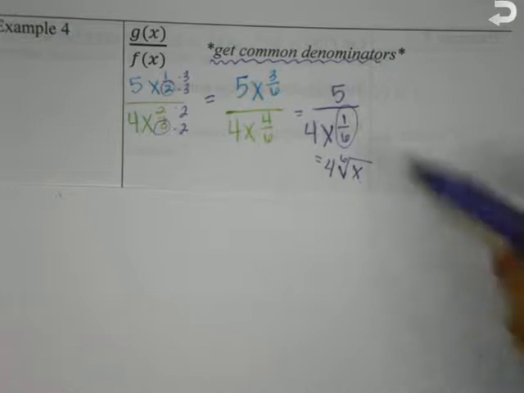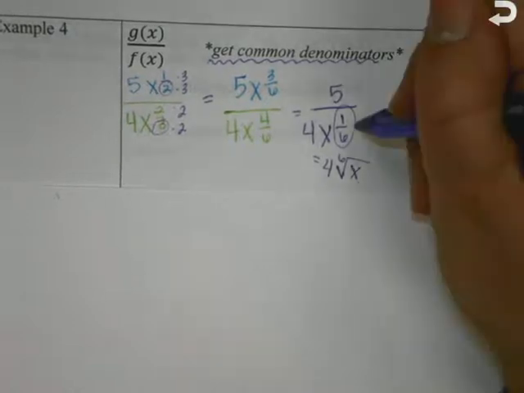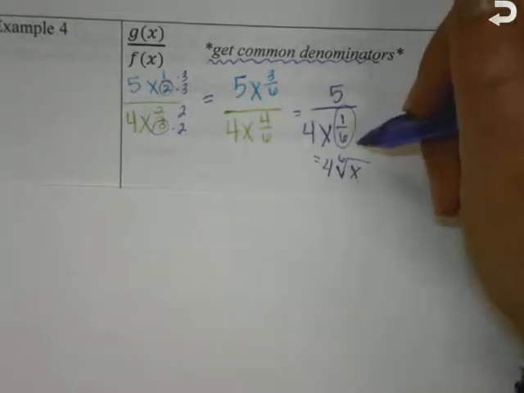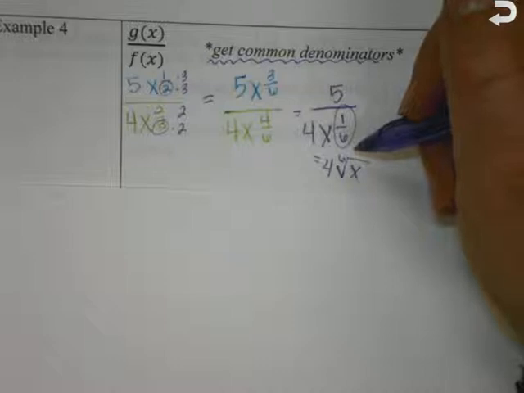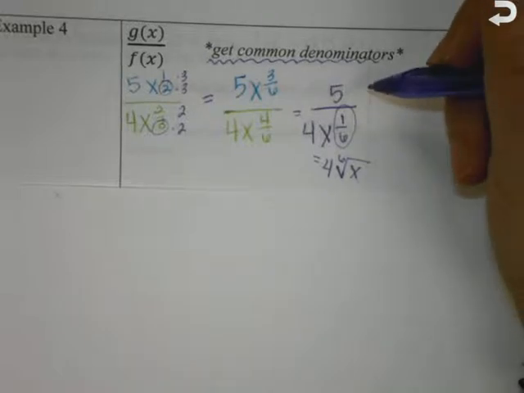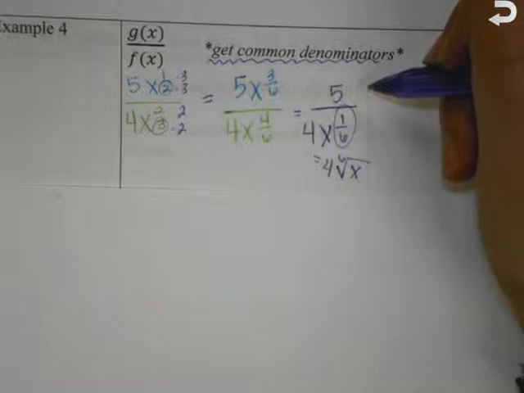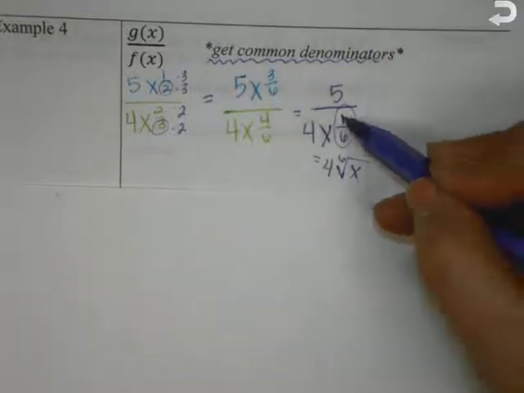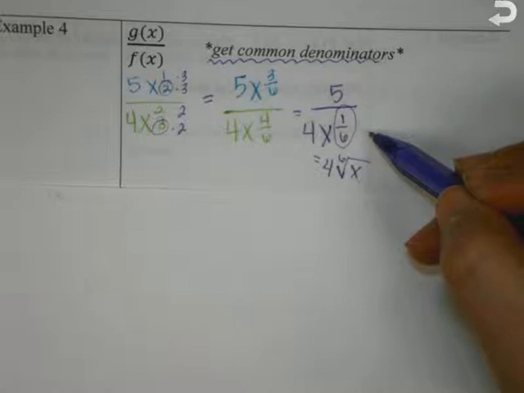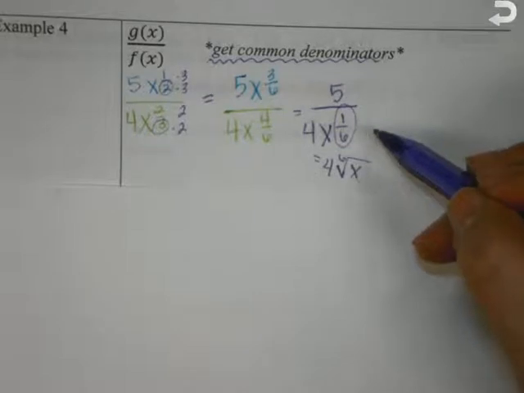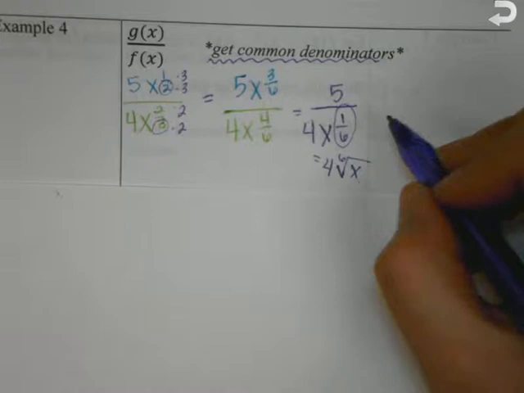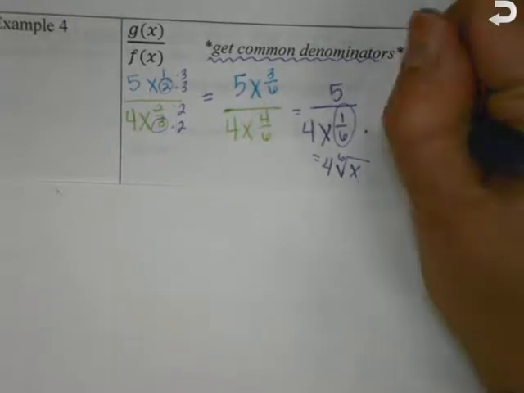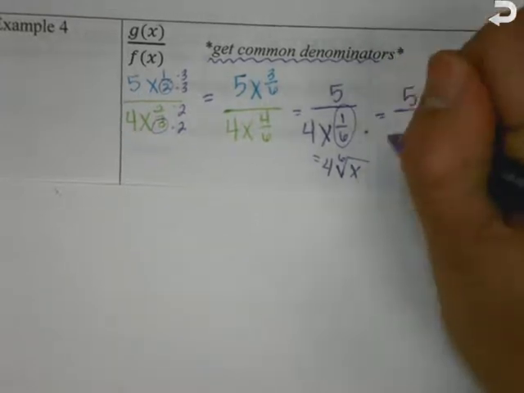So I need to make this exponent not a fraction anymore. So I can raise the top and the bottom by a power of, what would make this 5 over 6, right? So let's rewrite it as 5 over 4 6th root of x.